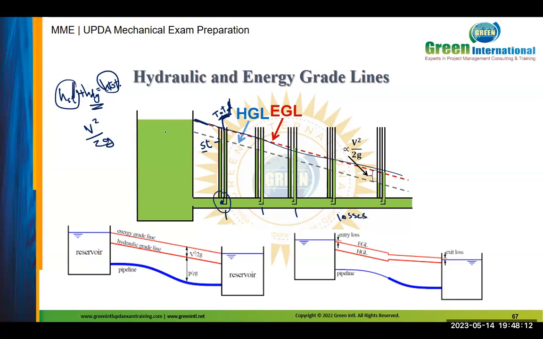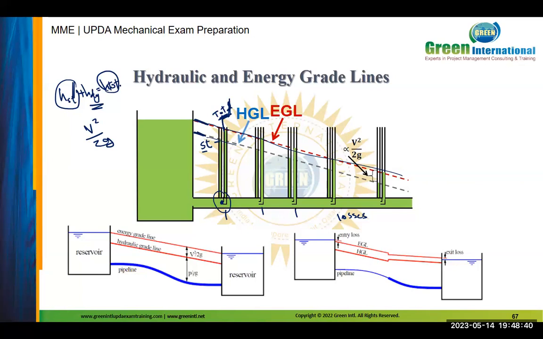Accordingly, the hydraulic grid line is also going to have a slope parallel to the energy grid line. So both lines go down slowly together, keeping the same distance.